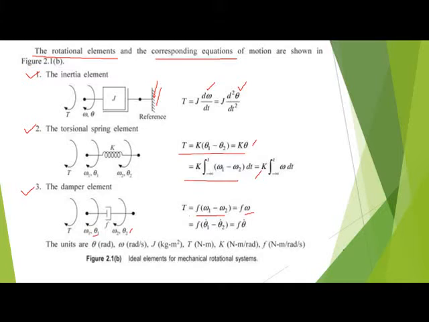Now the unit of theta is radian, angular velocity is radians per second, J is kg meter square, torque is newton meter, K is the torsional spring constant, that is the stiffness, newton meter per radian, and the coefficient of friction is newton meter per radian per second.